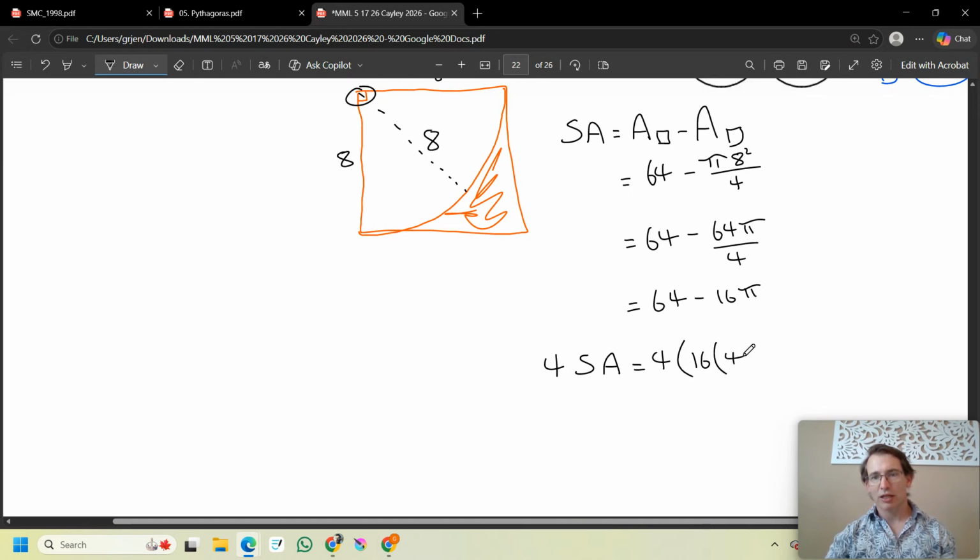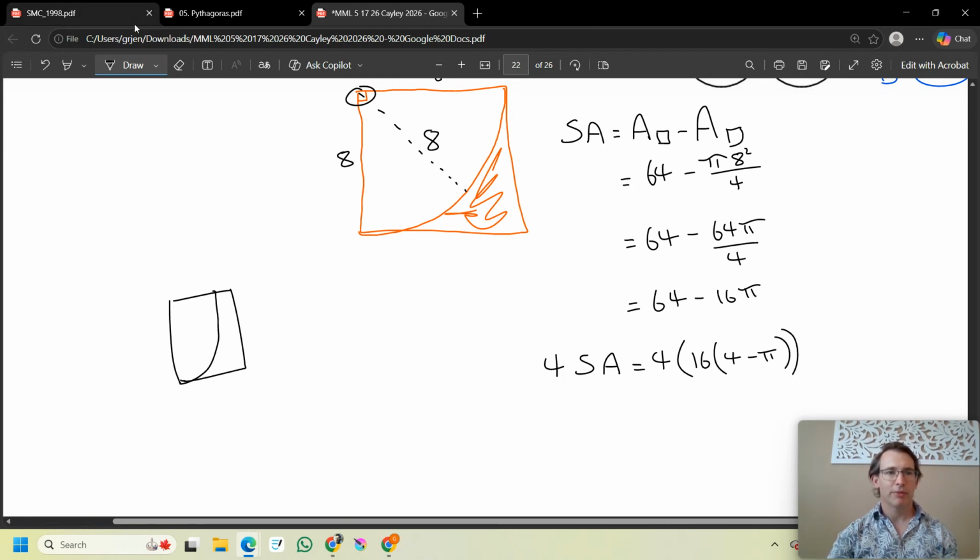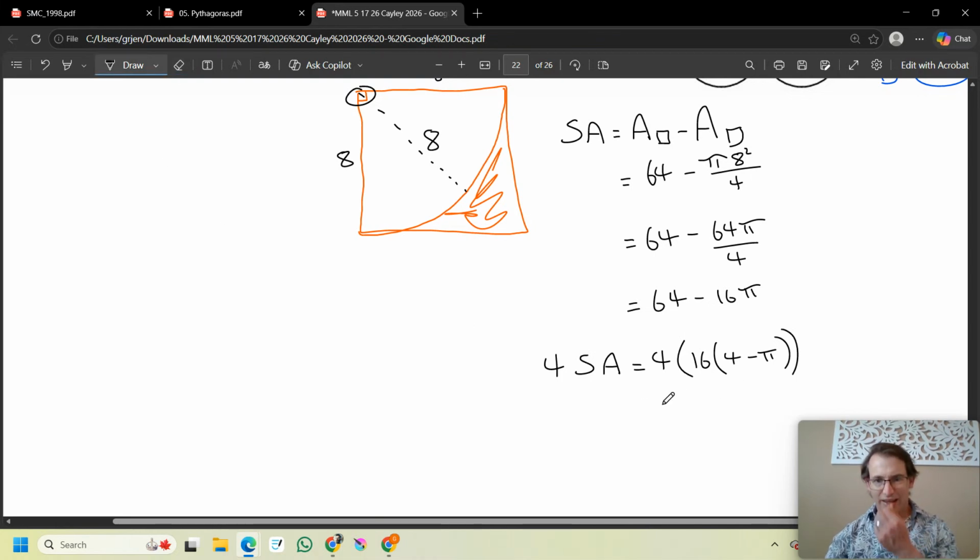And so that's 16 times 4 minus pi. Oh, look, there's that 4 minus pi that shows up when we have a circle with radius 1. Anyway, whatever. Okay. So now this is 4 times 16, so this is 64 times 4 minus pi.